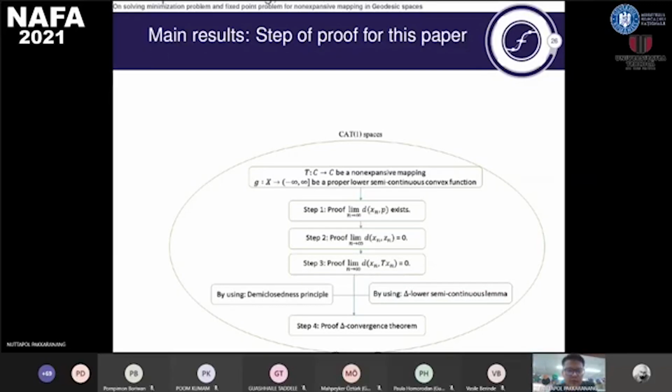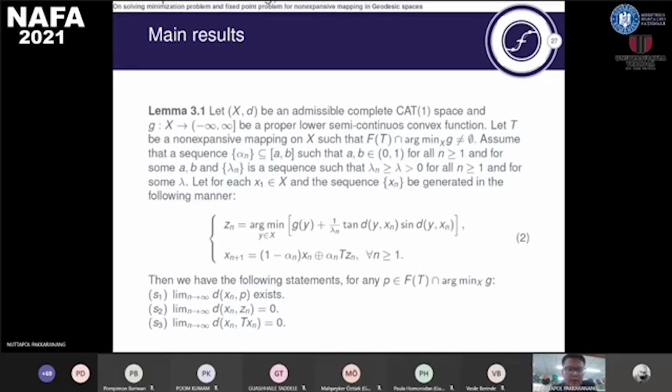This is the statement of my result. Let X be an admissible CAT(1) space and G be a proper lower semi-continuous convex function. T is a nonexpansive mapping, and we assume the intersection of the set of fixed points with the set of argmin of the function G is a non-empty set.